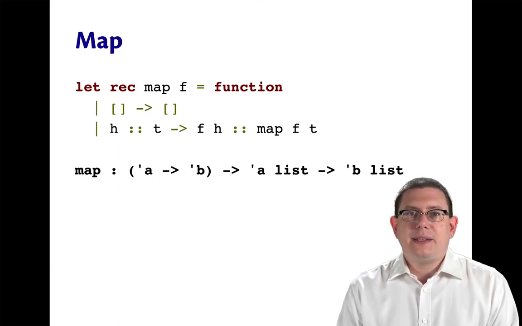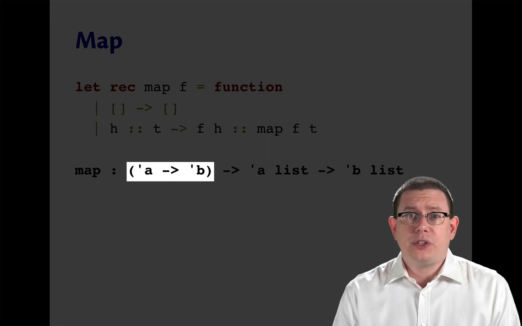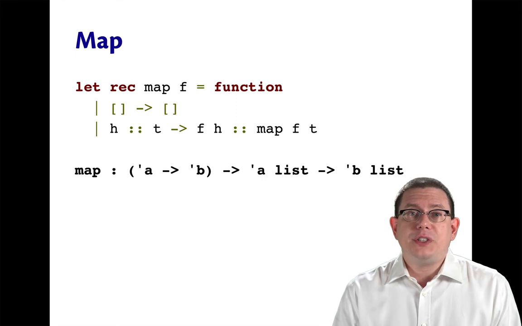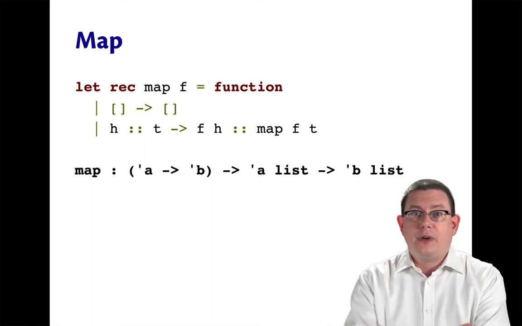Map takes in a function of type alpha arrow beta. That's the function that's going to be used to transform each element of the list. That function's input and output types are not the same. In fact, that function could transform the element into a different value of a different type.